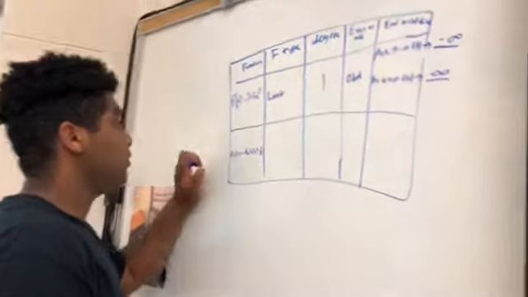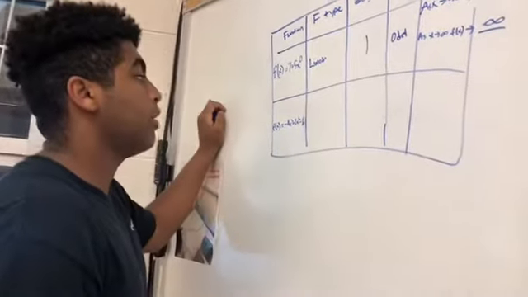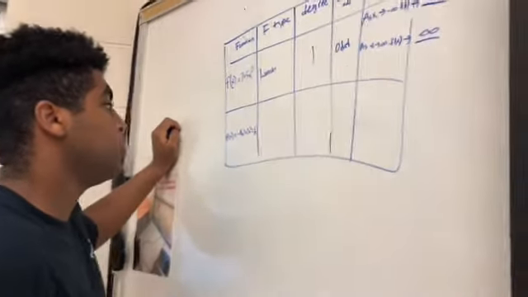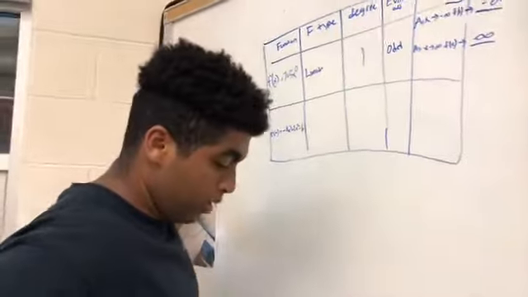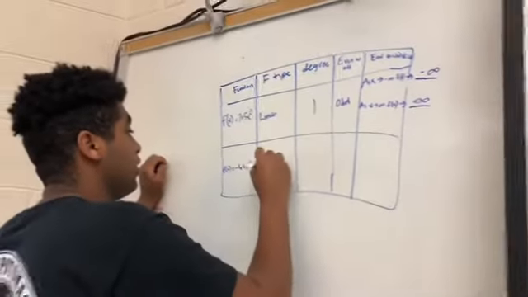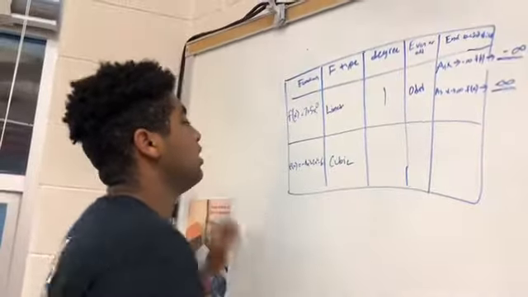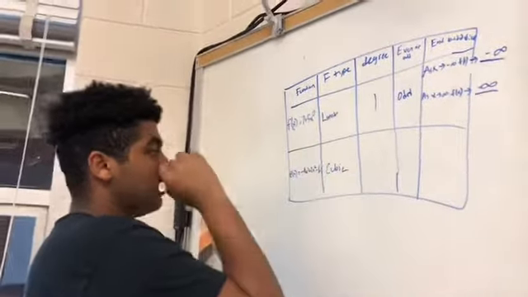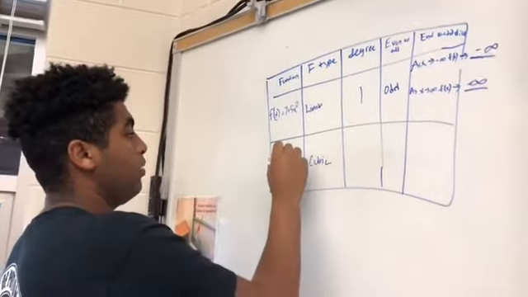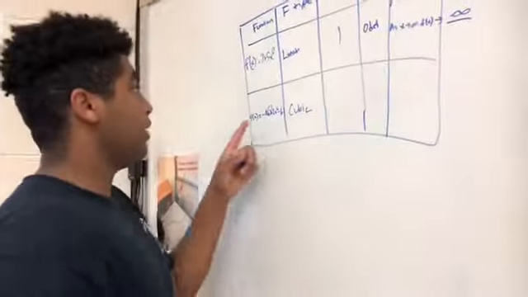And so for this function, negative 4x cubed plus 2x squared minus 6, this function type would be cubic, because you always determine the function type by what number is above the x.